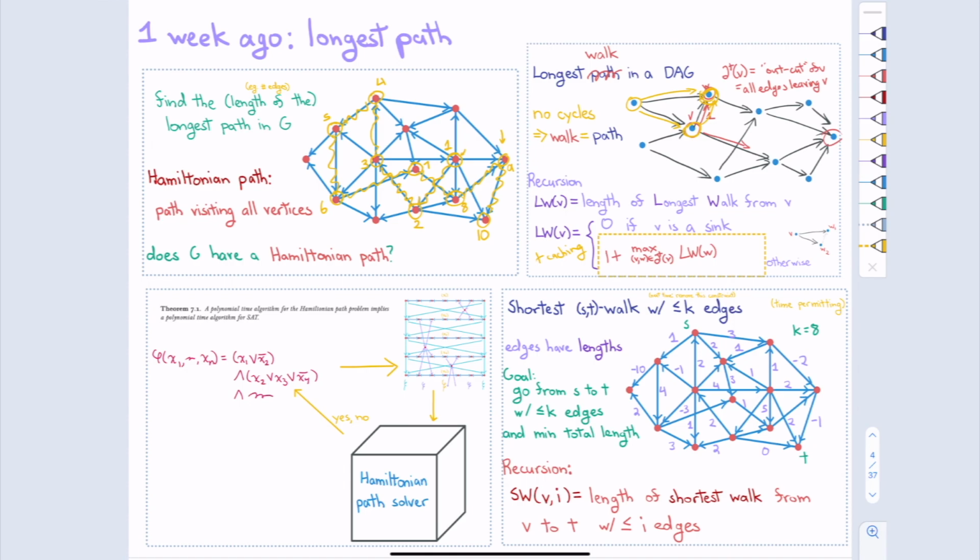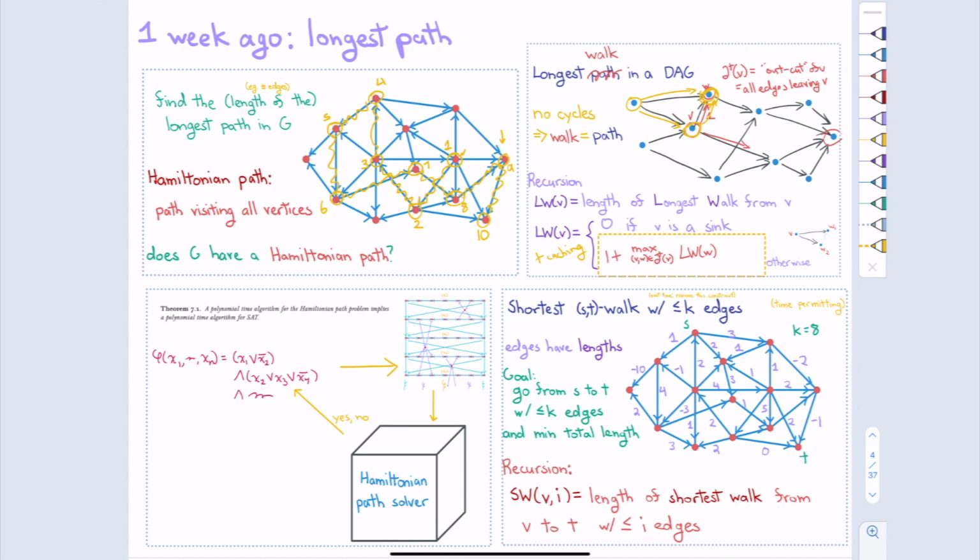I can take a SAT formula and turn it into a Hamiltonian path problem, where the graph has a Hamiltonian path if and only if the SAT formula was satisfiable. This was in contrast to the problem in DAGs.